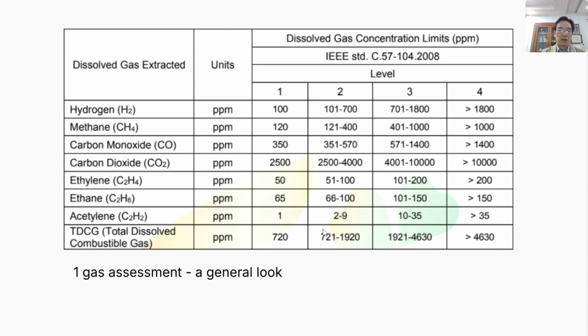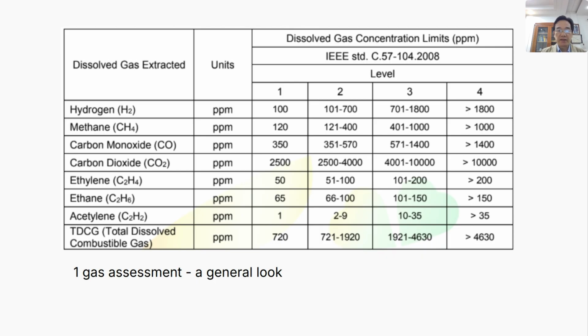So we can see if the gas is over this limit for each gas, then we can have the level from 1 to 4, indicating the criticality of the condition in the transformer.